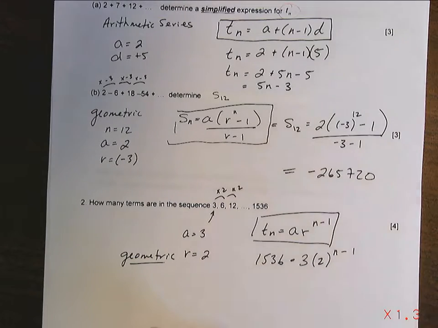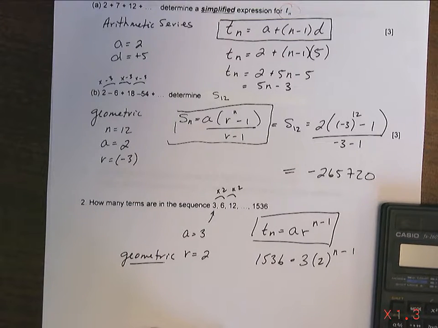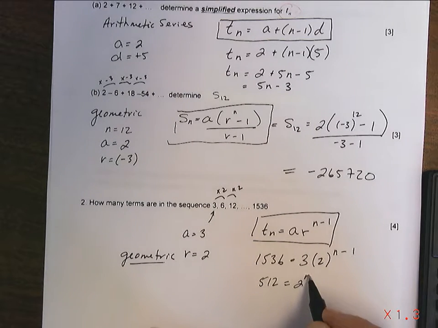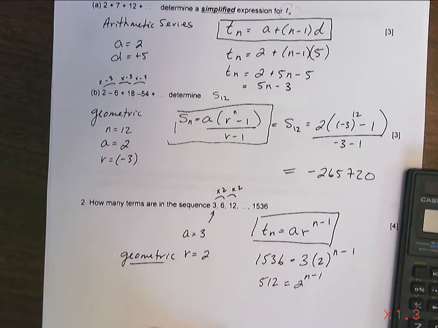We divide both sides by 3 first. We come up with 512. We still have an exponential equation. We want our bases to be the same. So we want 2 to the something to be 512.